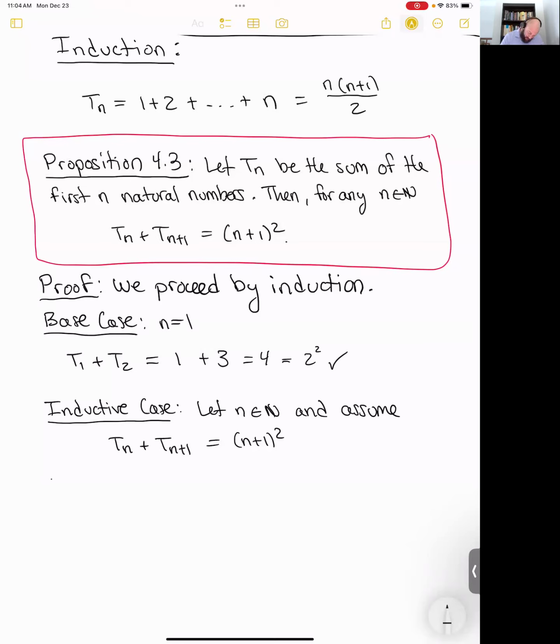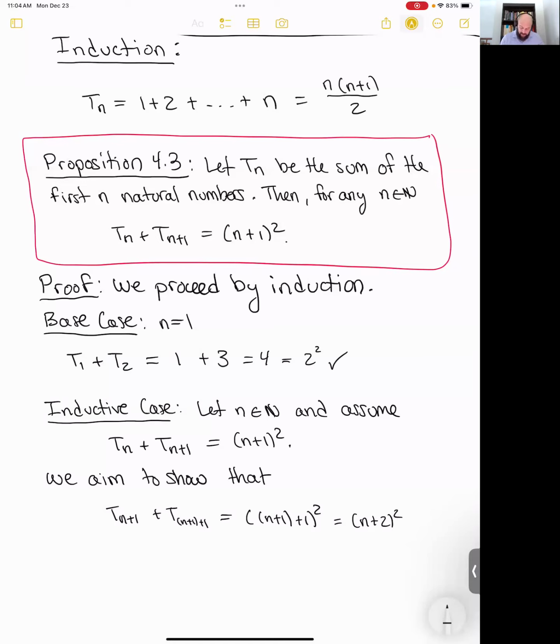And okay, so then we aim to show that if I add T_{n+1} plus T_{n+1+1}, we get (n+1+1) squared, or in other words, (n+2) squared, right?